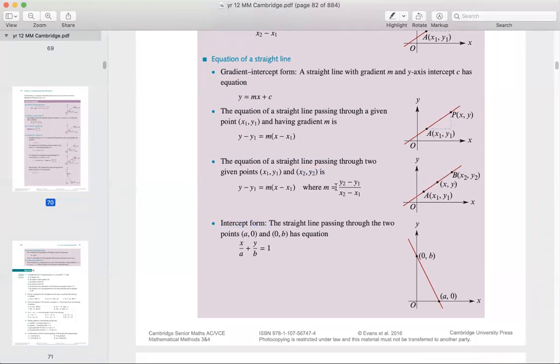Okay, choose any form you like. They are all linked to each other. My highly recommended one is gradient intercept form, y equals mx plus c, because it can directly tell us the gradient. And for a straight line, the gradient is the most important thing to show this straight line's properties.